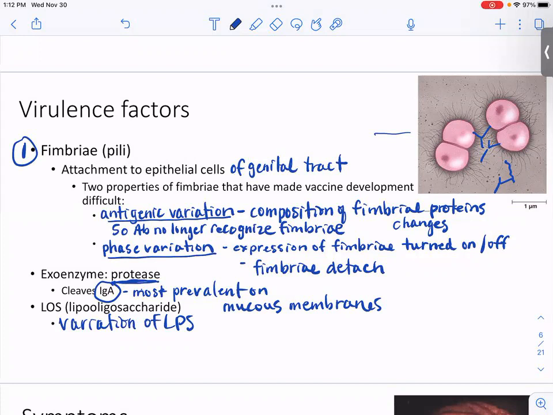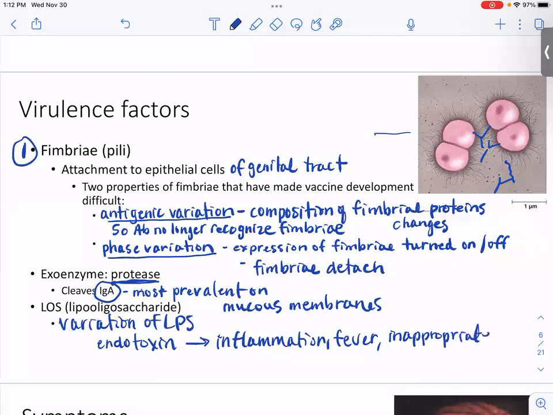So we call it lipooligosaccharide. But it's still going to have that endotoxin, that lipid A, as part of it, that's going to be responsible for causing inflammation in the host, fever, as well as some inappropriate blood clotting.